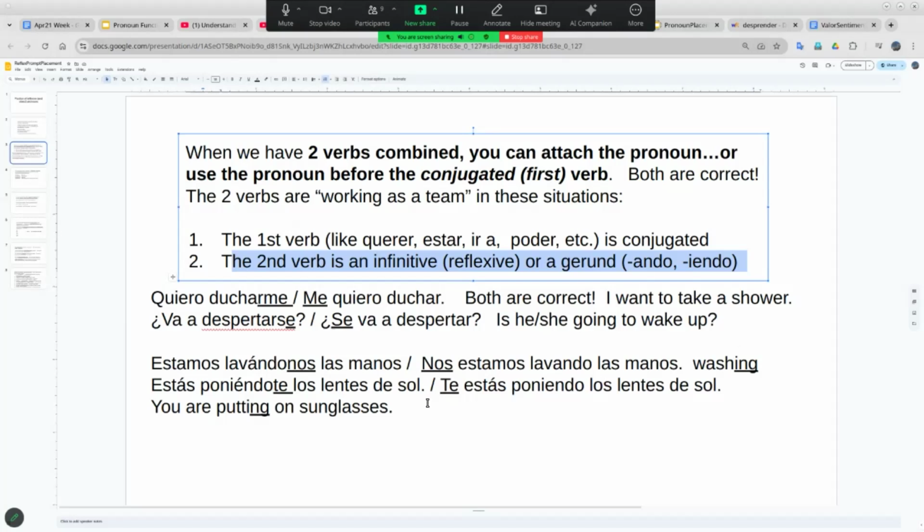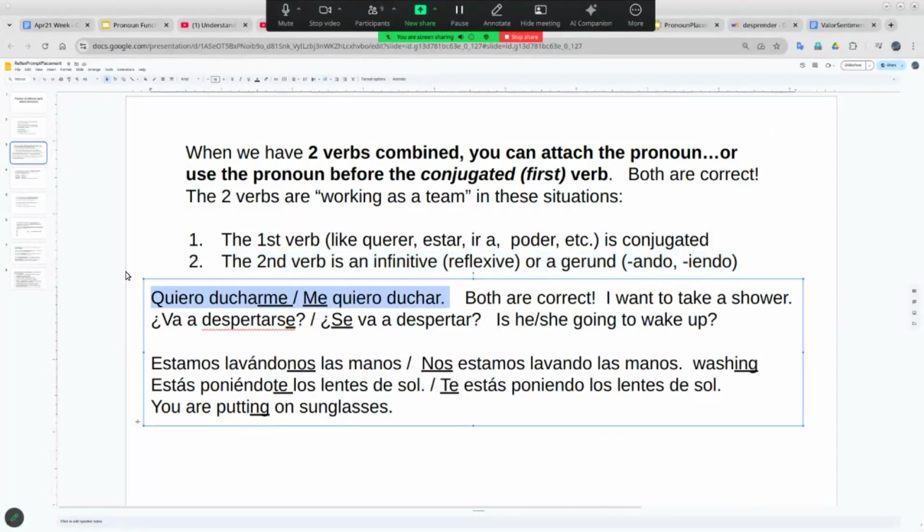All right. And when we have this two verbs working together kind of sentence, the pronoun might be in front of the conjugated verb, or it can be attached to the infinitive or attached to the gerund? And both of those are correct. So something will sound like this. Quiero ducharme. I want to take a shower.